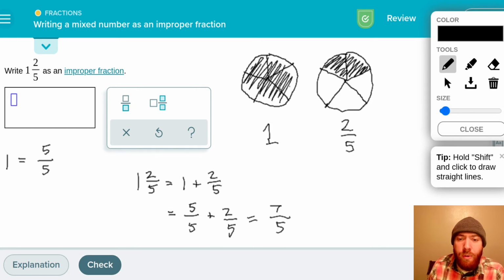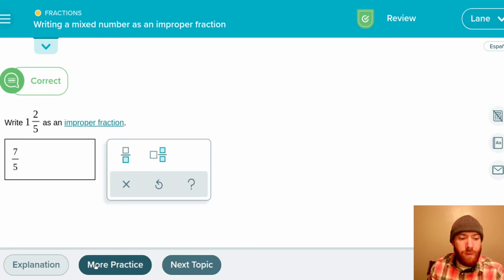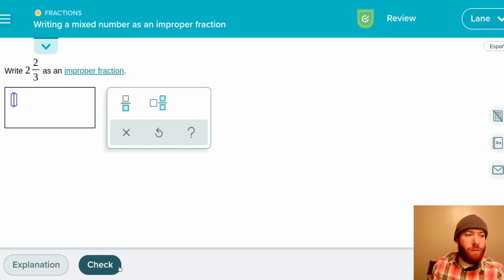There's 1, 2, 3, 4, 5 in the first one, and then 6 and 7 total in both of them. So this number 1 2/5 is equal to 7/5. Let's enter that answer. 7 divided by 5. Awesome. And we'll do a few more.